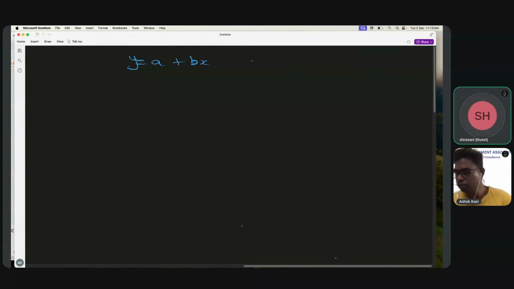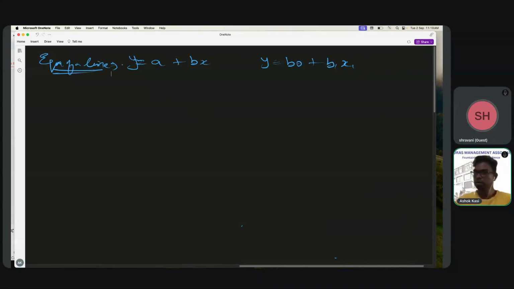You can also call this y equals b0 plus b1x, or b1x1, or y equals a plus bx. This is the equation of a line, because this is how y goes.